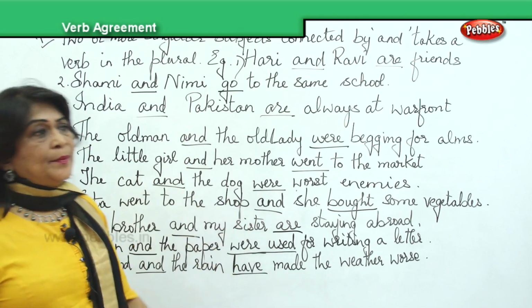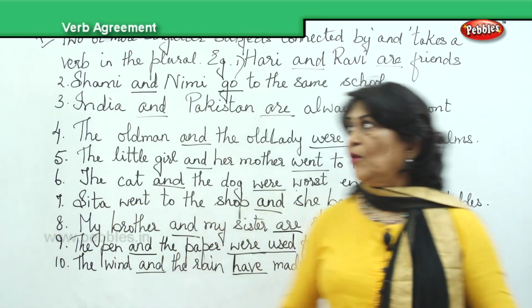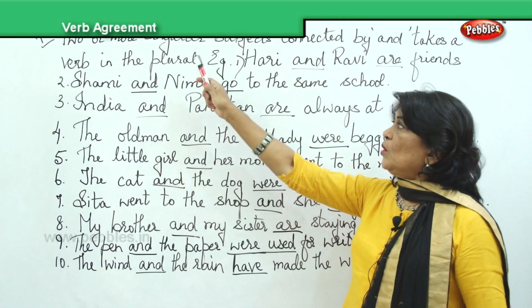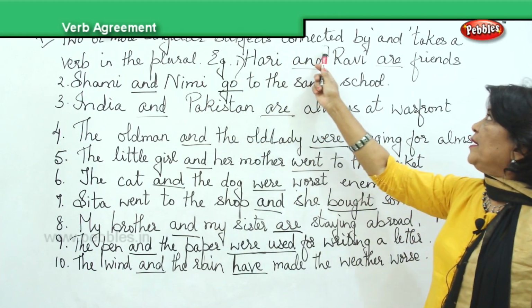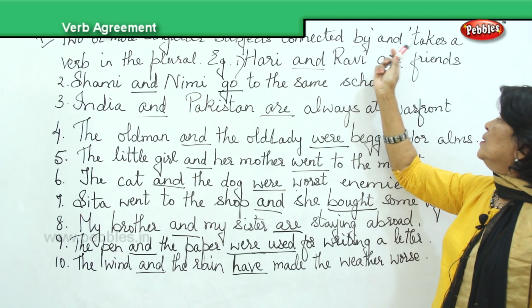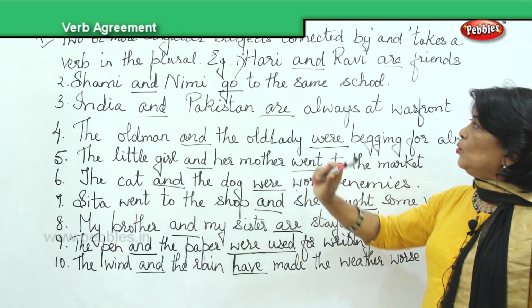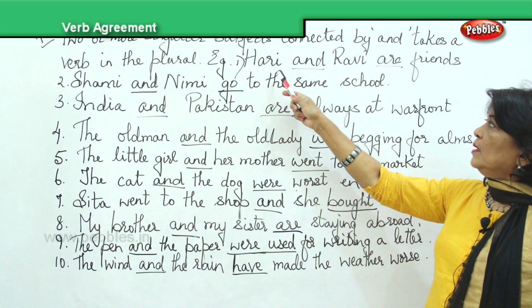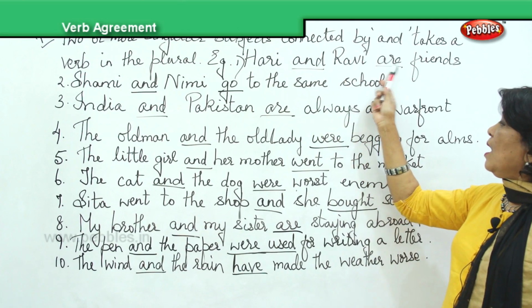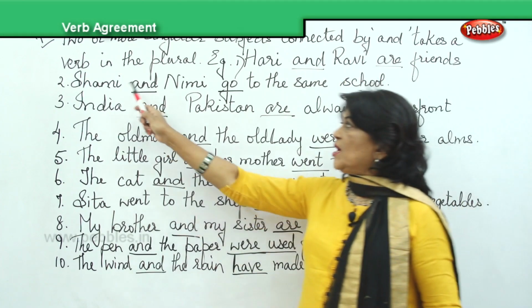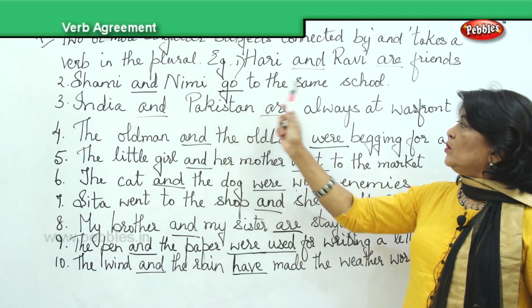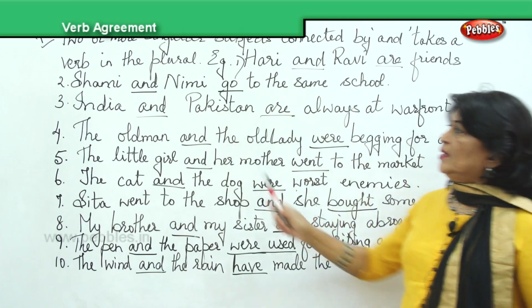I have given you ample number of sentences for rule number 1. Two or more singular subjects connected by and take a verb in the plural. Example: Hari and Ravi are friends. Shami and Nimi go to the same school.